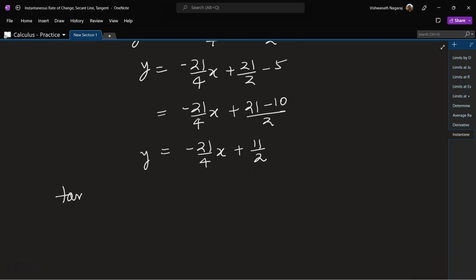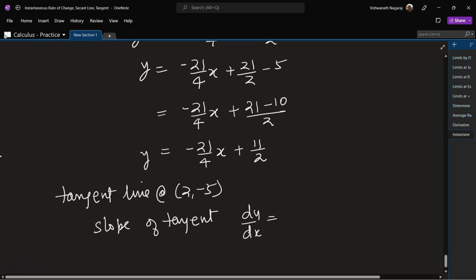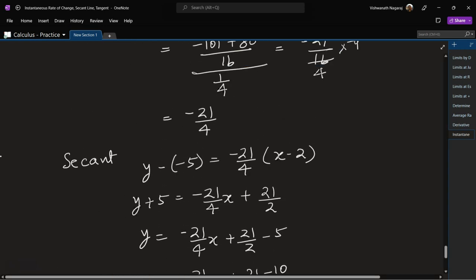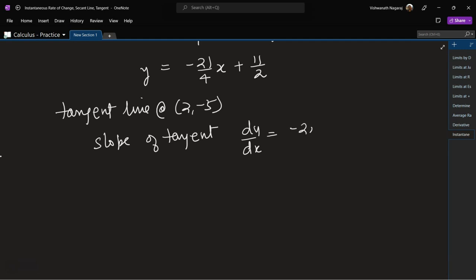Now the tangent line at 2 comma minus 4. So first we have to figure out the slope. Now the slope of the tangent would be dy by dx, which is equal to, now what is the function given to us? Minus x square minus x plus 1. So this would be minus 2x minus 1. So dy by dx would be minus 2x minus 1.